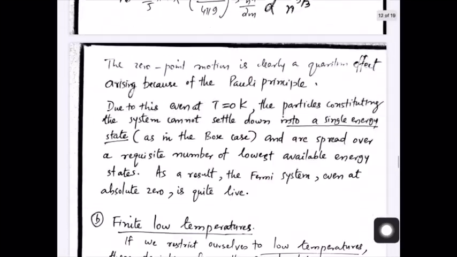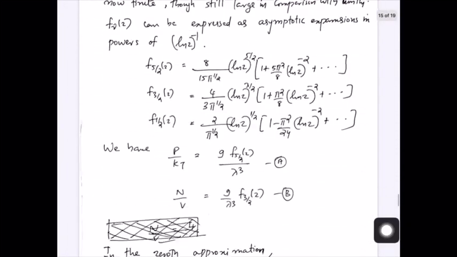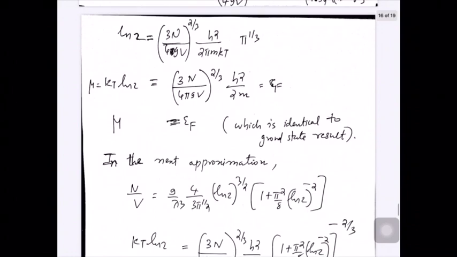So that we are getting here. So mu, or kT log Z, is epsilon f here, which is identical to the ground state result.